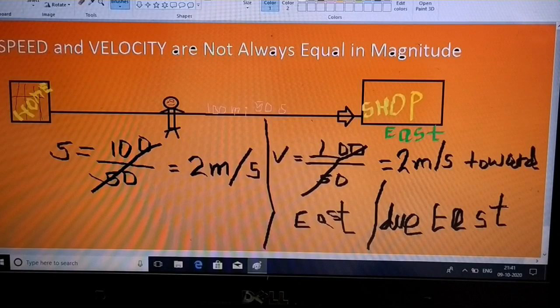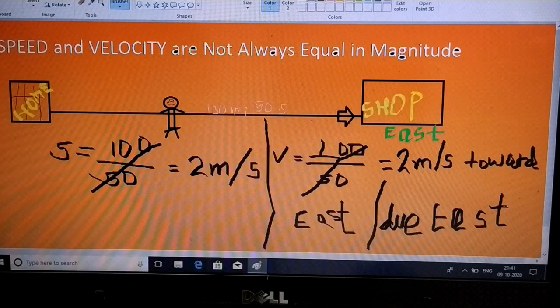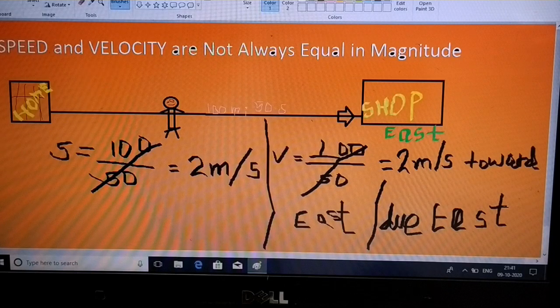If, however, a body does not move in a single straight line, then the speed and velocity of the body are not equal.